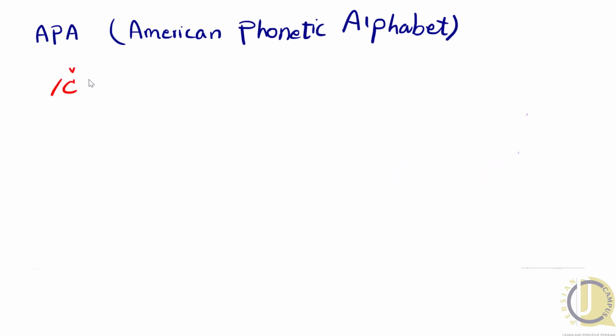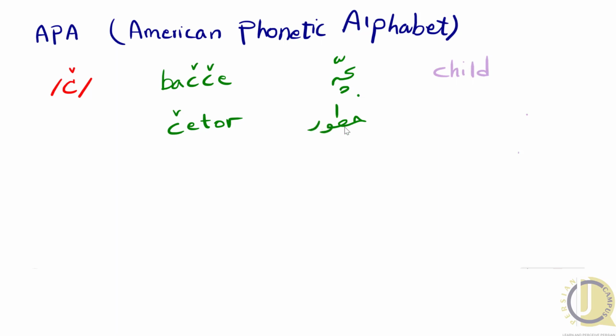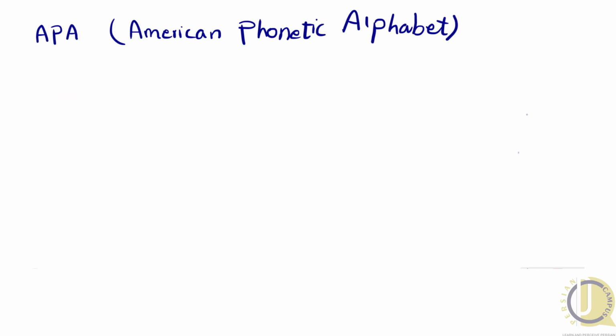The symbol for ch sound is this one. از این بچه، چطور. This symbol is used for a sound, as in the examples we already had.